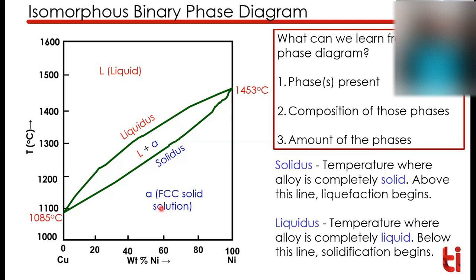Any point you take here, like I'm taking for this alloy composition 20. Liquefaction will start at this point from here. If you continue, liquefaction will stop and your material is completely liquid. This is the start of liquefaction, and it is completely changed into liquid.